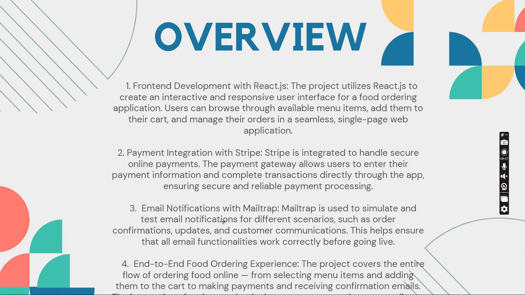End-to-end ordering experience. The project covers the entire flow of ordering online, from selecting menu items and adding them to the cart to making payments and receiving confirmation emails. So overall, we are going to have an end-to-end food ordering experience, right from ordering items and proceeding for payments.